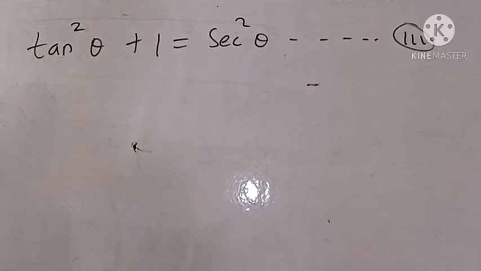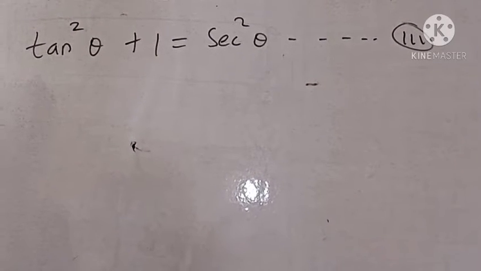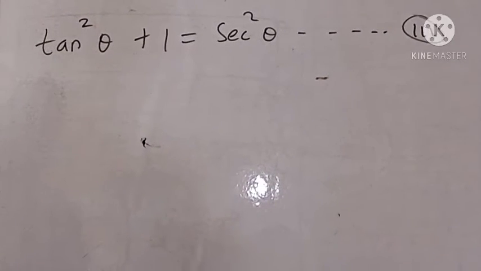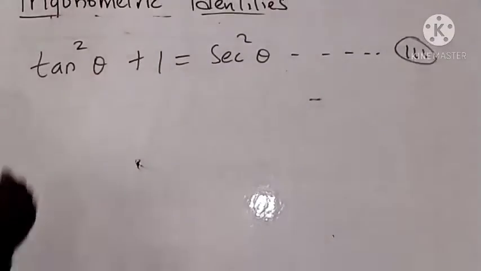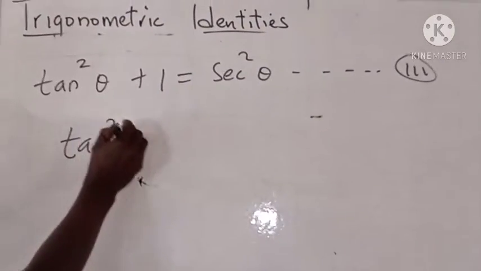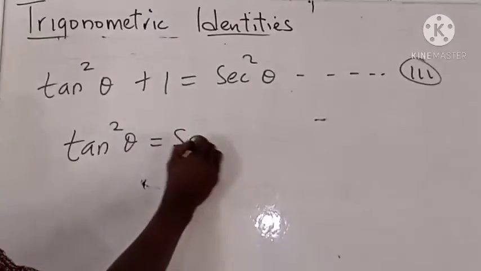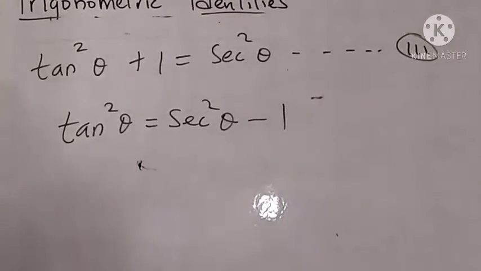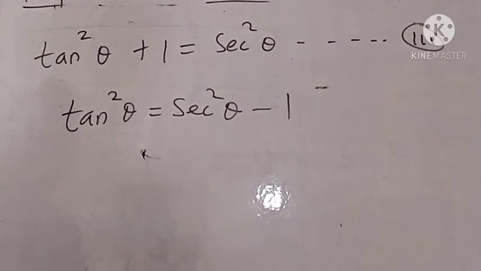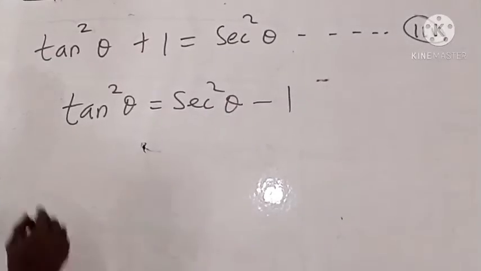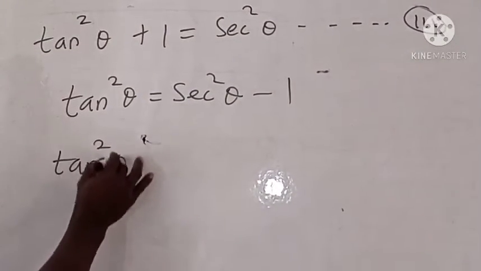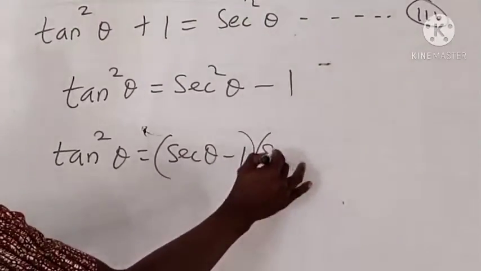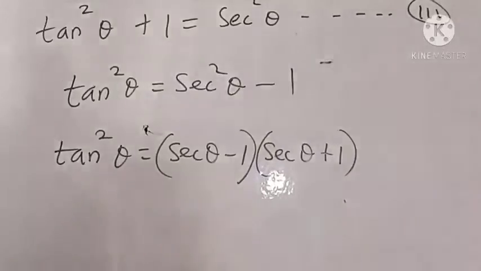Identity tan squared theta plus 1 equal to sec squared theta can be rearranged in different forms. Making tan squared theta the subject gives tan squared theta equal to sec squared theta plus 1 crossing over gives minus 1. Employing the concept of difference of two squares again, sec squared theta minus 1 can be written as sec theta minus 1 sec theta plus 1.